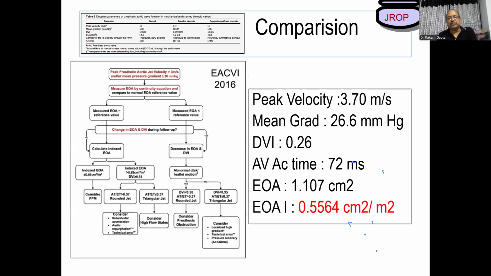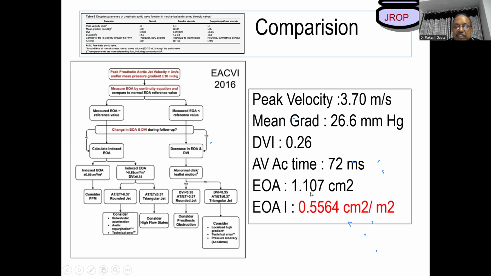Now, this is a chart which you utilize all the time. In this chart, you look at the peak prosthetic aortic valve jet velocity of more than 3 meters per second and a mean gradient of more than 20. Then measure the effective orifice area by the continuity equation and compare it with the normal effective orifice area.